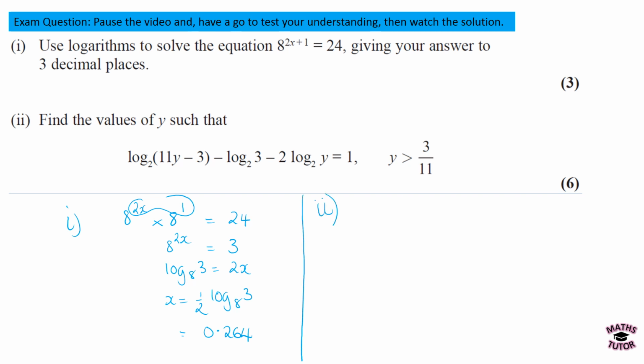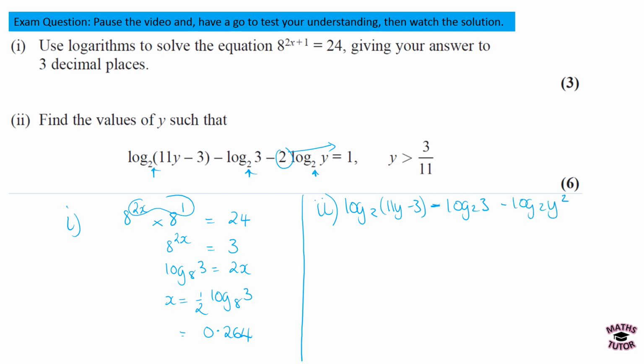Part 2, we can see we've got base 2 on all of these terms, but what you need to do is take that 2 up first, so it'd be log to base 2 of 11y minus 3 minus log to base 2 of 3 minus log to base 2 of y squared.